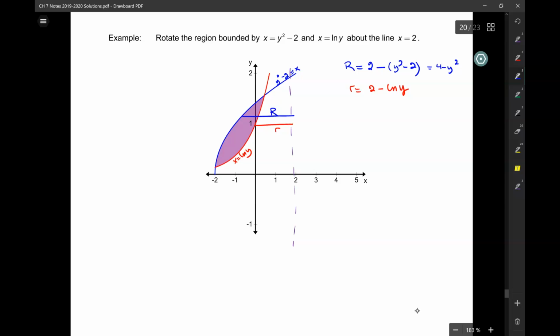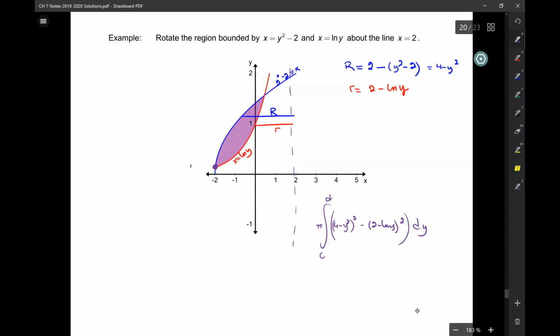So now, to integrate to find the volume, it's pi r squared. So pi, big R squared, minus little r squared, dy, from C to D again.